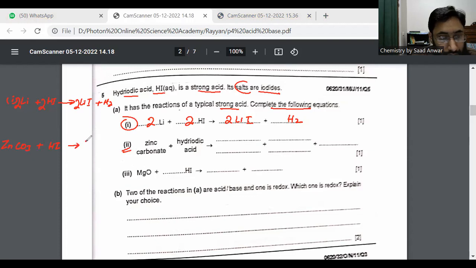The product is zinc iodide, and the formula of zinc iodide is ZnI2. Along with it I will get carbon dioxide and water.